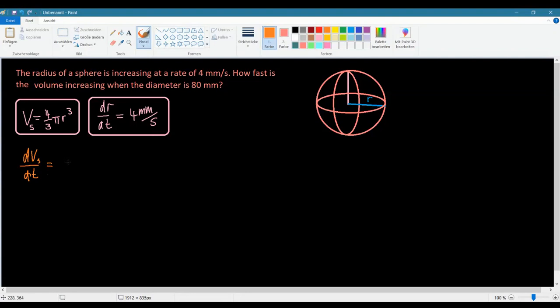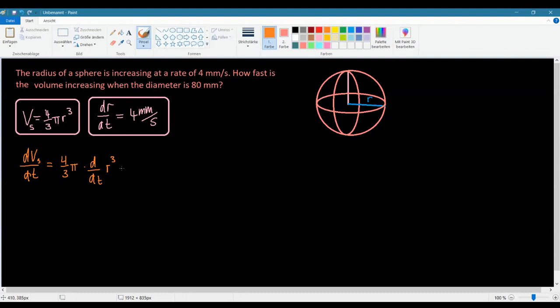You have to remember the constant multiple rule, which is that if you're taking the derivative and you have a constant, you can just pull that constant out. So we're going to end up with 4 over 3 pi times d by dt of r cubed. Okay, so the change in r cubed over the change in time.